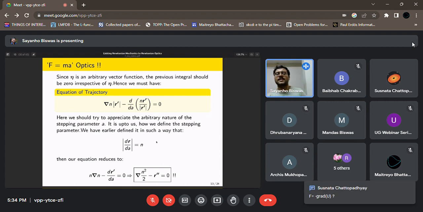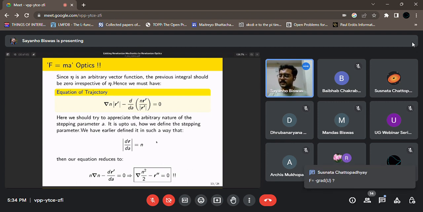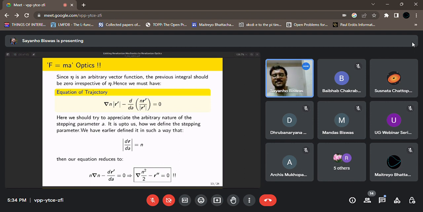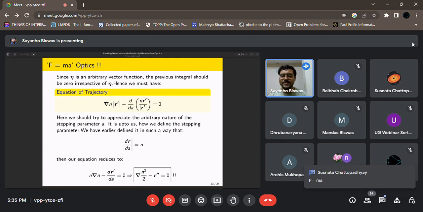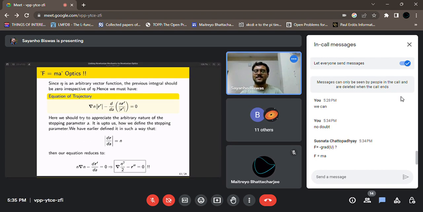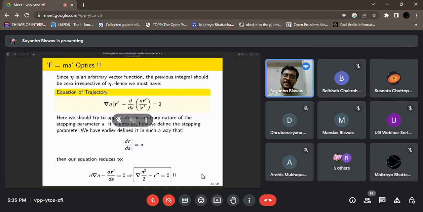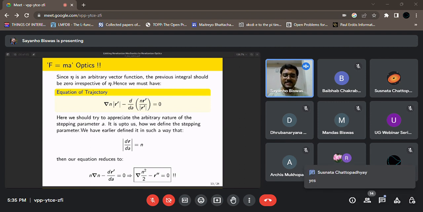If this is so, then what we'll do, yes, exactly, Shusnato. Very nice. Force is negative of gradient of potential energy. And what does Newton say, Shusnato? What does Newton say? Force equals mass into acceleration, that means m r double dot, right? So you can write minus gradient of potential energy equals m r double dot. That is exactly where this analogy drops in.